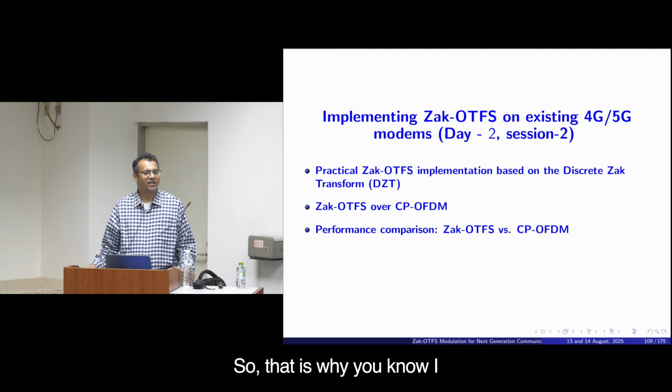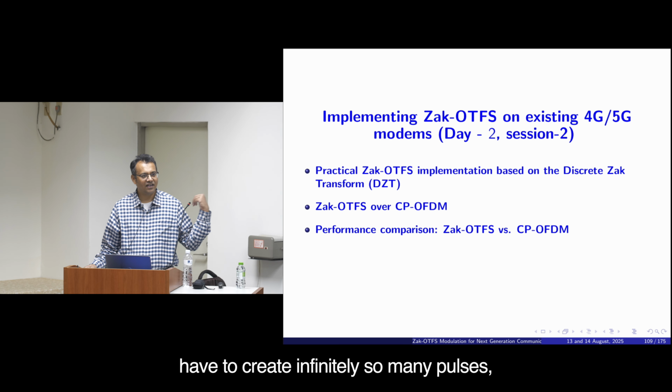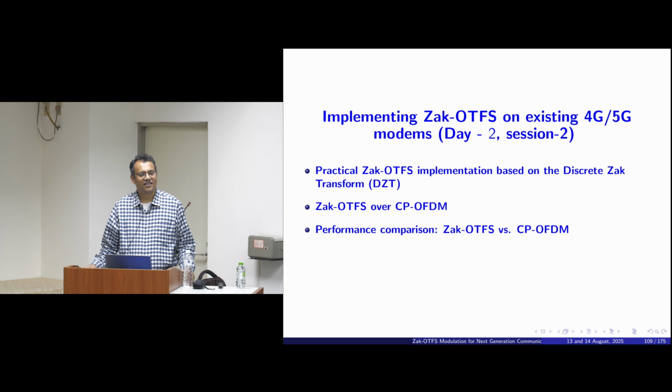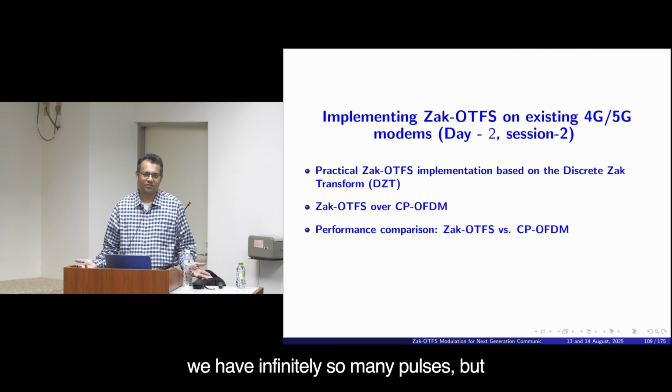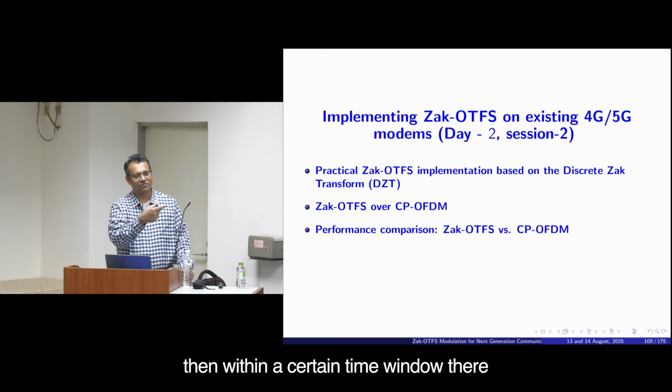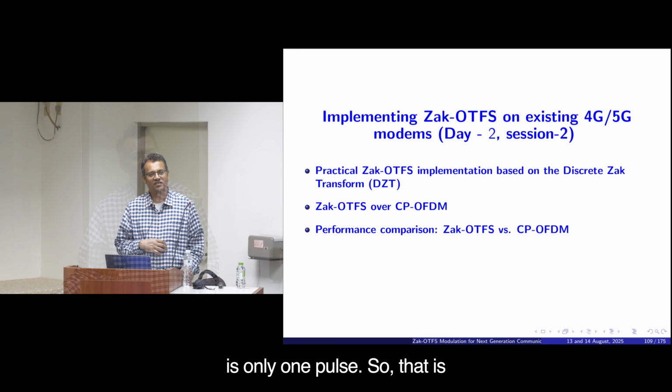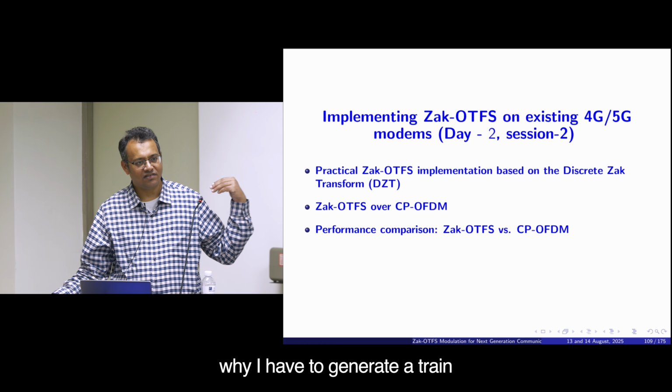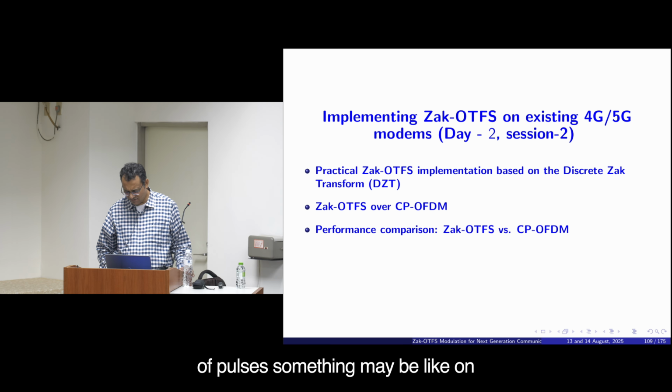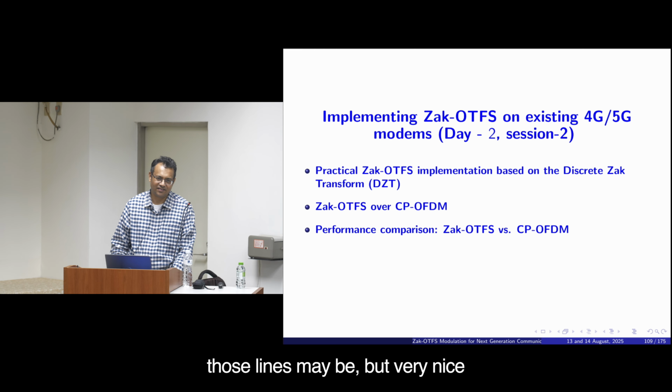So that is why I have to create infinitely many pulses, so that it is not really localized, but then within a certain time window there is only one pulse. So that is why I have to generate a train of pulses, something maybe along those lines.